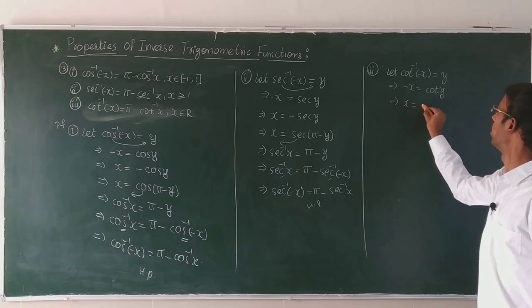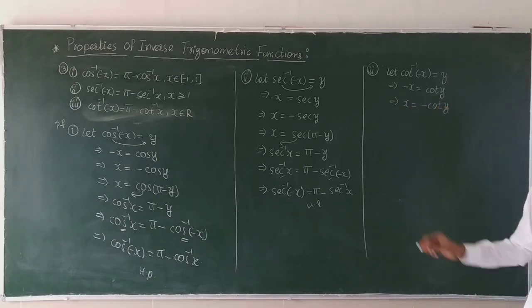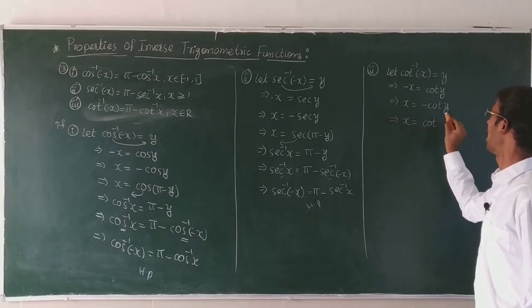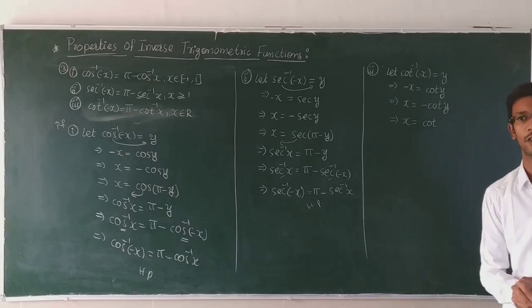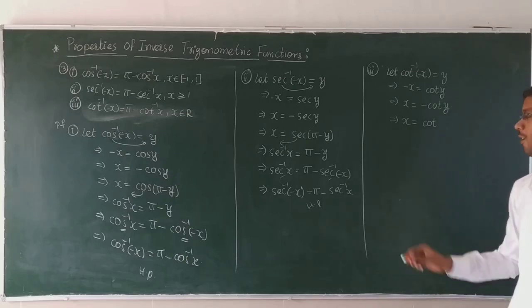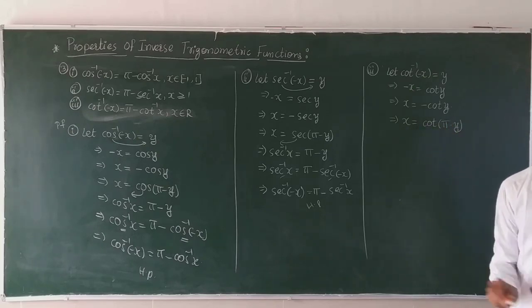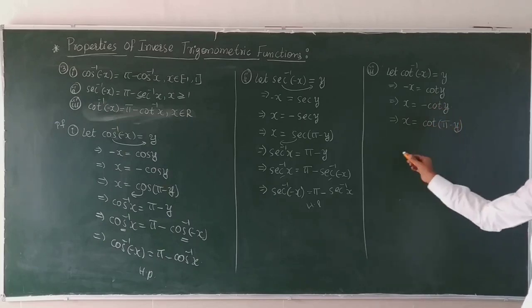X is equal to minus cot y. This implies x is equal to cot of pi minus y also we can write. Pi minus y we have to take it. 180 minus theta. Cot of 180 minus theta, second quadrant, negative will be.